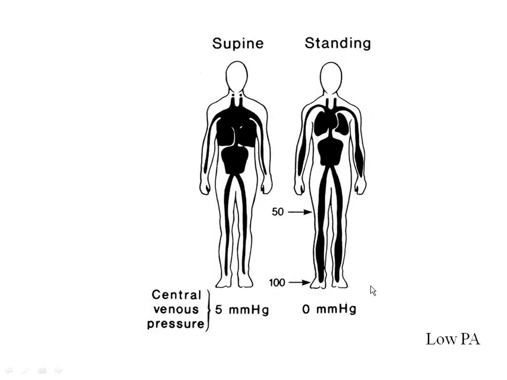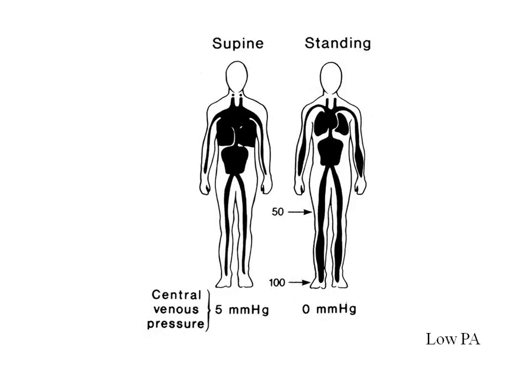So there's more blood that pools in the blood vessels in the abdomen, the legs, and the arms if they're hanging down. If we can't adapt to that shift of blood volume down to the dependent areas, then the brain doesn't get enough blood flow and there are consequences.